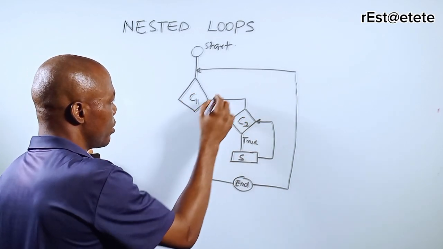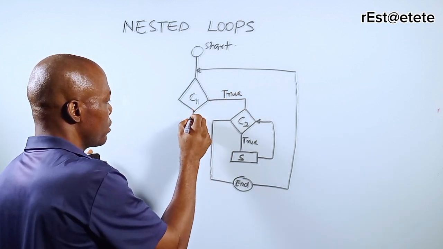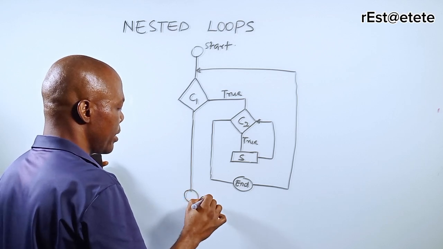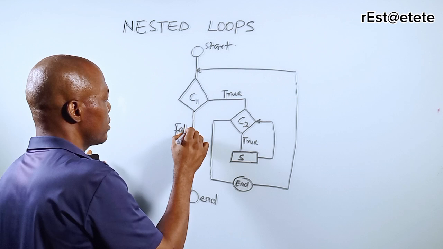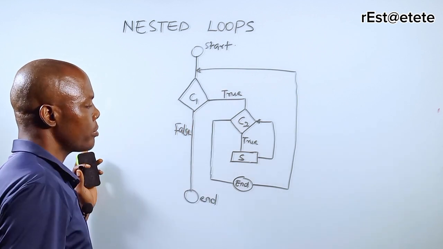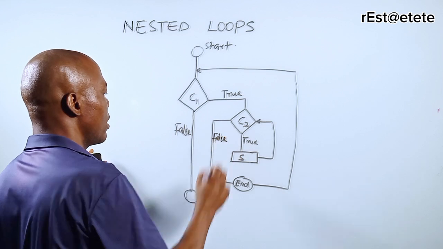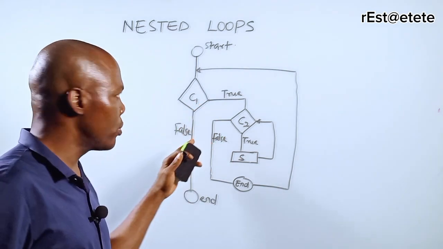Now, if condition 1 is false, then you simply come out and N. So this is false, and this is true. Then this is false. So this is the flow chart for a nested loop.